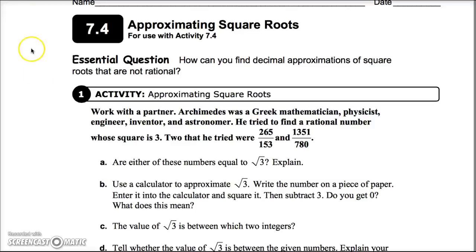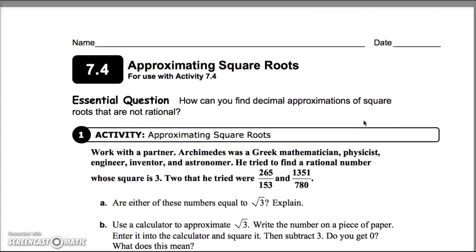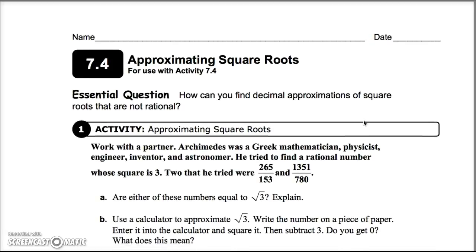He tried to find a rational number whose square was 3. So the very first thing I want to do is define what it means to be a rational number. Somewhere on your page, wherever you have room, we're going to write a definition for a rational number.